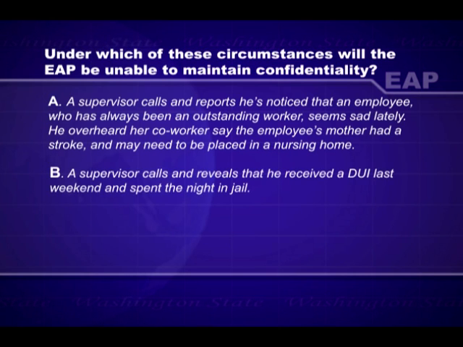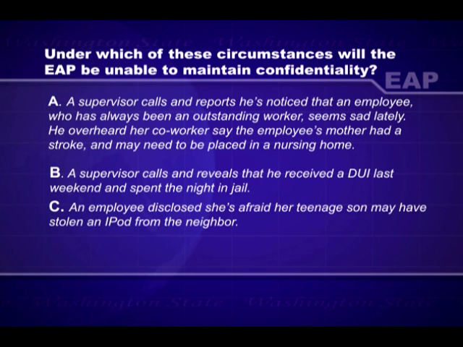B, a supervisor calls and reveals that he received a DUI last weekend and spent the night in jail. C, an employee disclosed she's afraid her teenage son may have stolen an iPod from the neighbor. Or D, none of the above. Which answer do you think is the correct response?